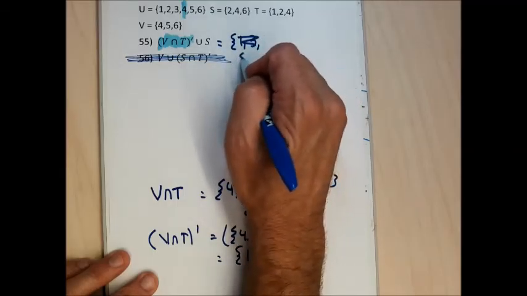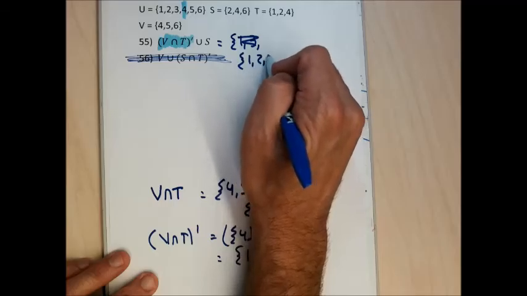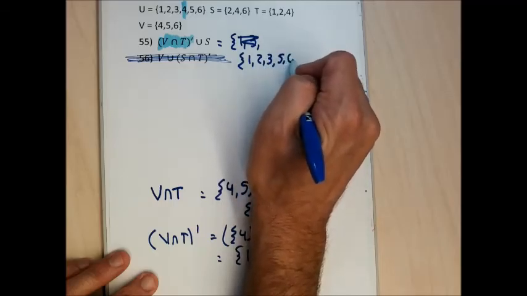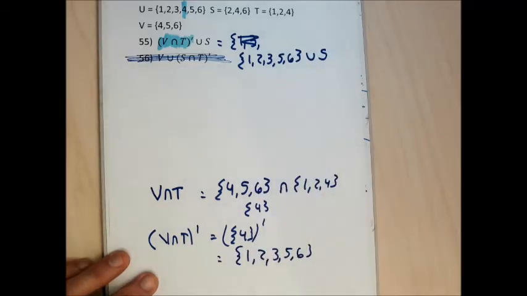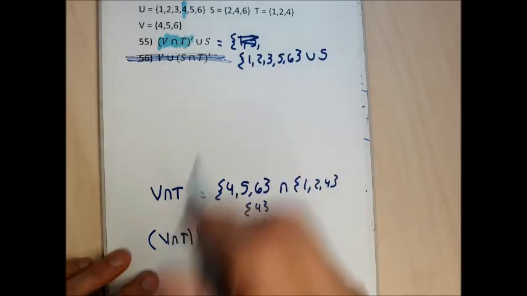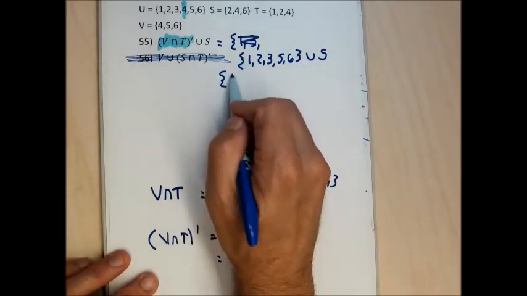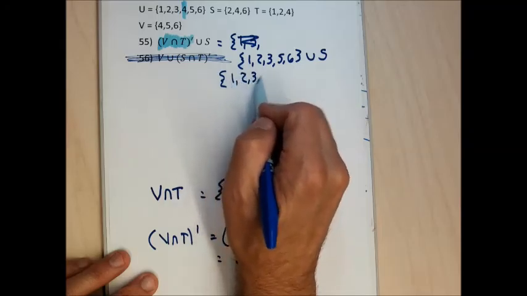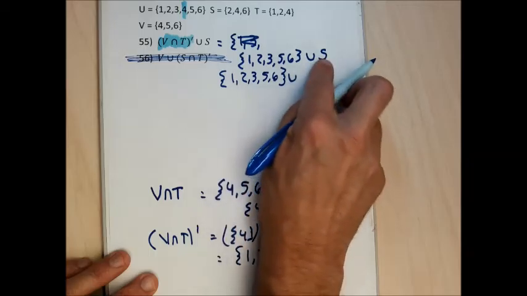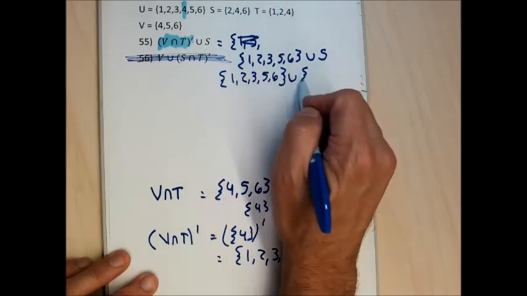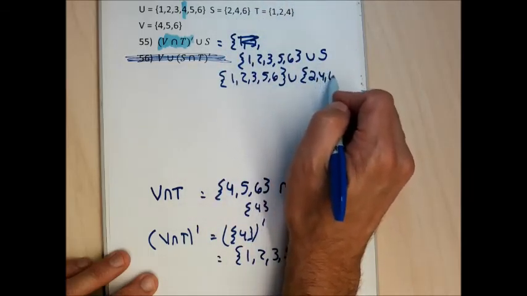I'm going to write 1, 2, 3, 5, and 6 in place of the parentheses. And now I have to figure out how to union that with the set S. So I'm going to write the 1, 2, 3, 5, and 6. I'm going to union that with the set S, which is 2, 4, and 6.